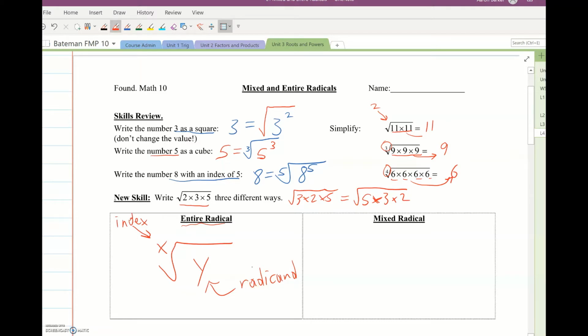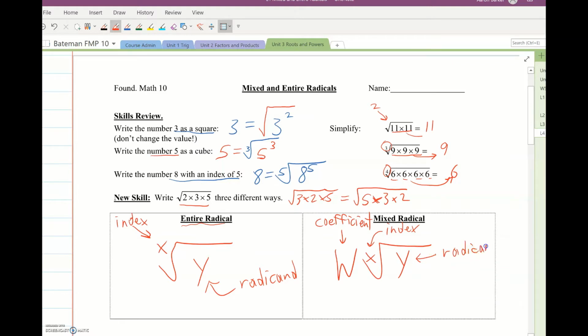Okay, now if you have a mixed radical, what we have then is w in front, and then we'd have our index of x, and we would then have y. And w is what we would call our coefficient. And we then of course have our index, as always, still in the same location, and we would also have our radicand in the same location.